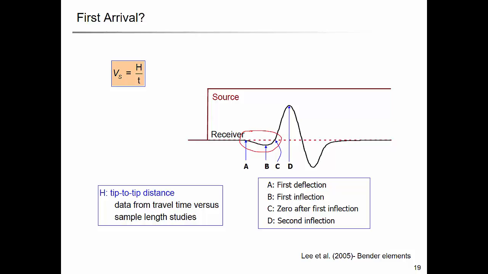And in a previous paper, they analyzed which one would be more correct or more accurate as the arrival time. There are A, B, C and D. A is the first deflection, and B is the first inflection, and C is the intersection with zero after the first deflection, and D is the peak of the first cycle.